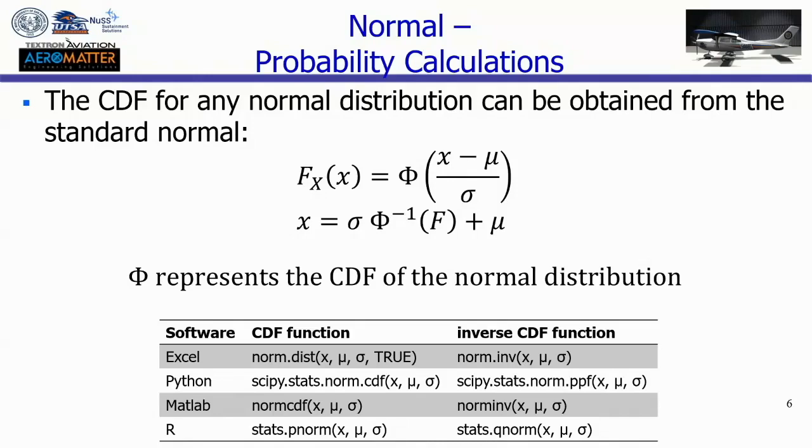And that's because the distribution function in Excel gives you, by default, probability density. You have to pass true in order for it to give you a cumulative distribution. Also, I won't mention this on every slide, but the packages that you need in Python are SciPy stats and in R stats to access these functions.